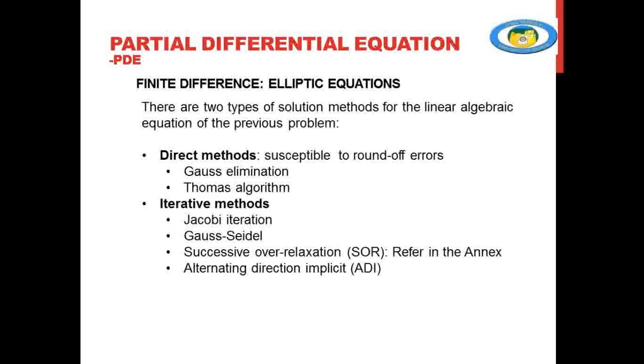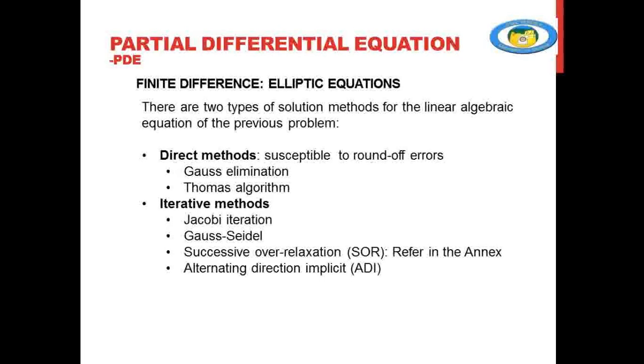A more robust technique is iterative techniques, like Jacobi iteration, Gauss-Seidel iteration, SOR or successive over relaxation, or alternating direction implicit techniques, which are well-used types of iteration techniques for solving these linear algebraic equations. You may also use matrix inversion, very easy, or Cramer's rule if you wish, which are a little bit different variants of the direct method, I would say.